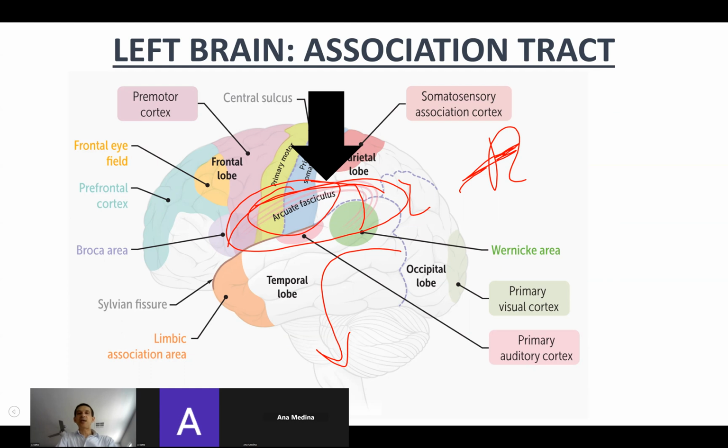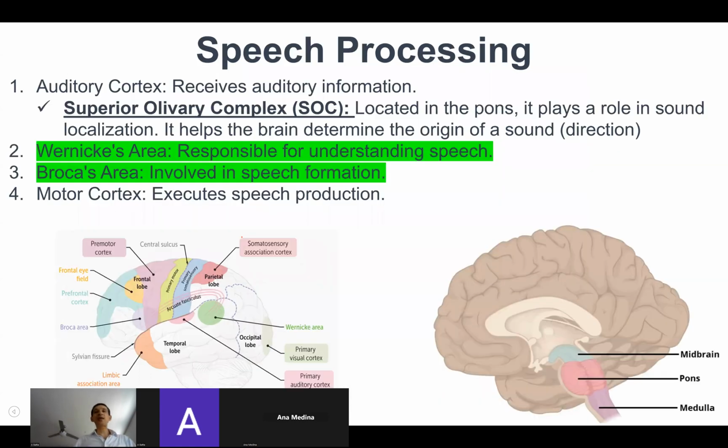The arcuate fasciculus connects Wernicke's area, responsible for understanding speech, with Broca's area, which is responsible for making speech. It's a very important association tract, and you do need to know speech processing: Wernicke's area is responsible for understanding, and Broca's area is responsible for making speech.